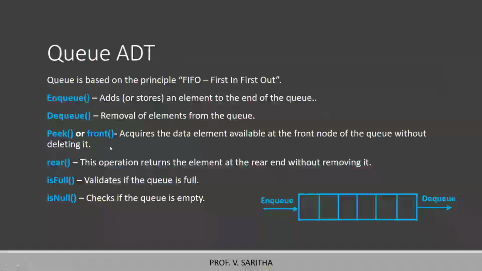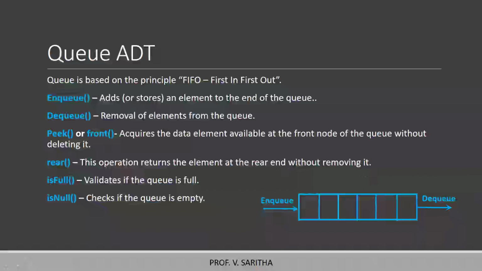Peek or front means we are going to see the element available at the front end of the queue without deleting it. You are going to view only; it will not be deleted from the queue. And rear is an operation that returns the element at the rear end without removing it.